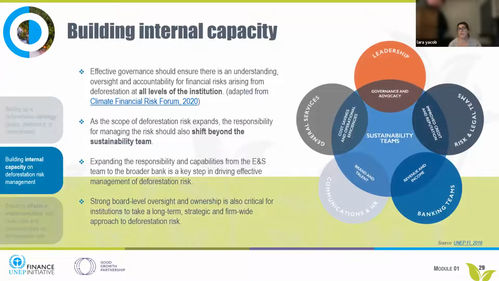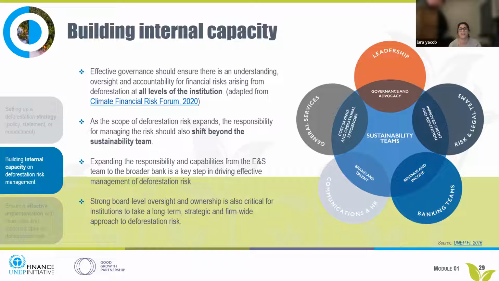Next, we have the need to build internal capacity. This is also no small feat. Oftentimes at banks, particularly national banks, there's one person who is responsible for sustainability, for monitoring, for communications, for marketing.